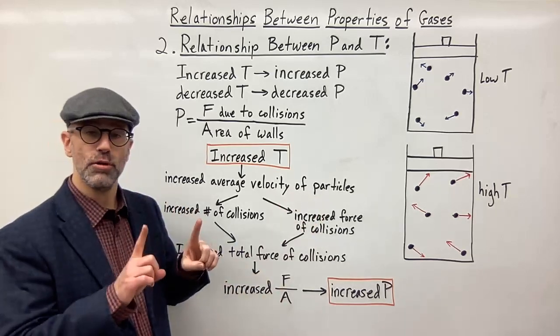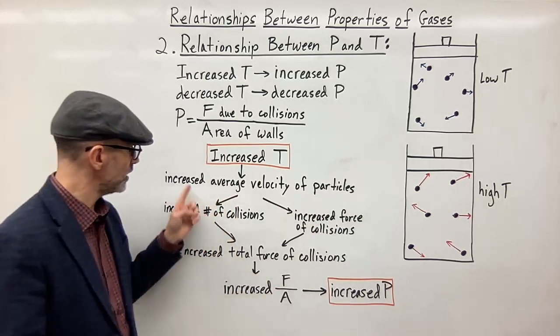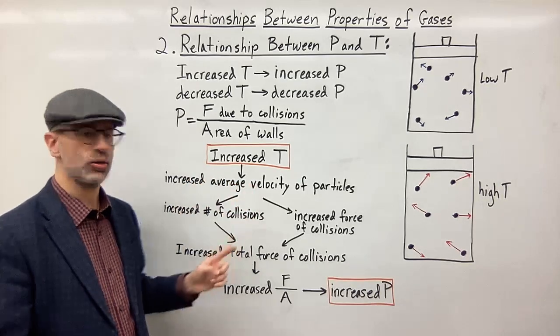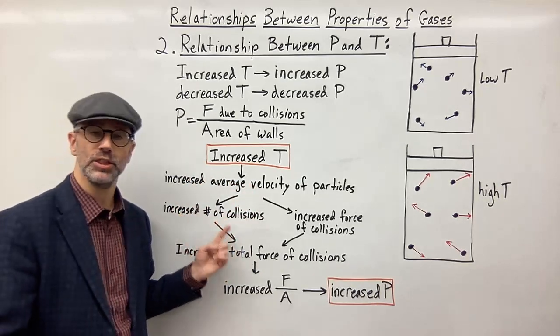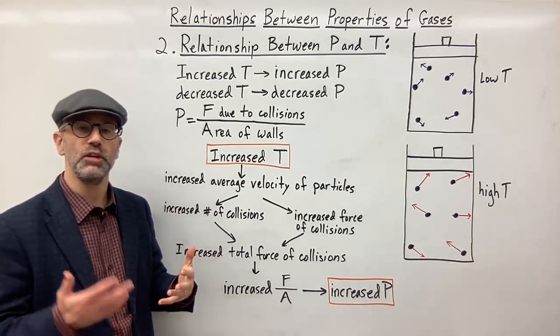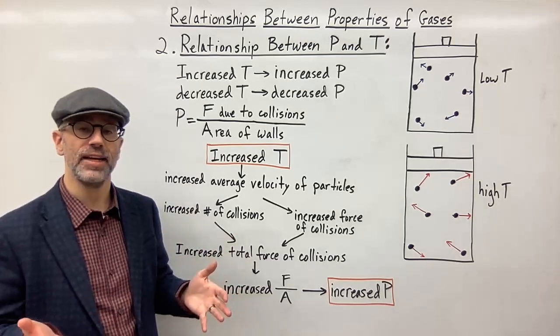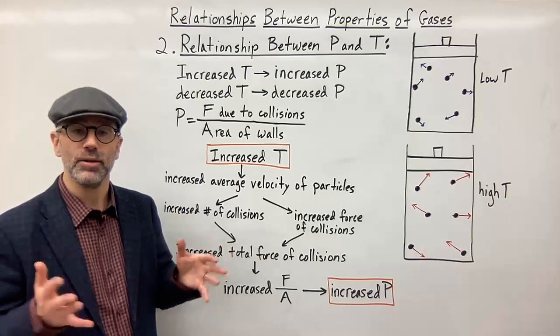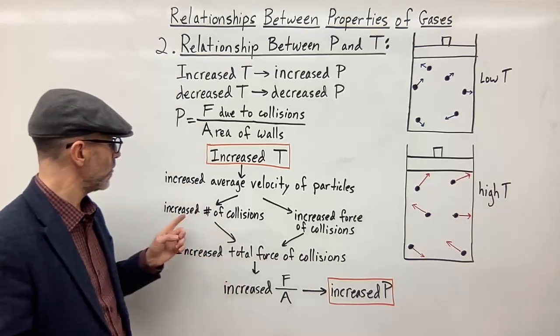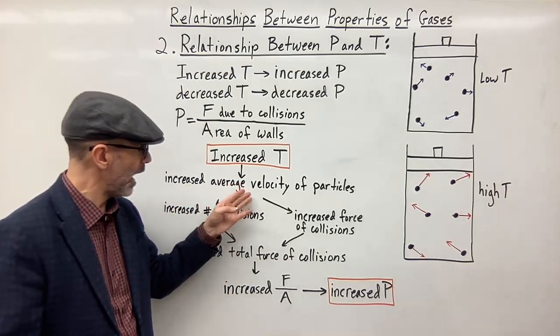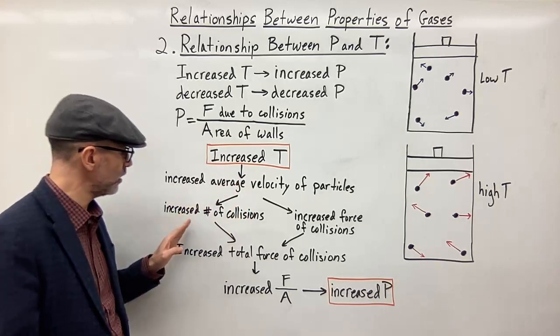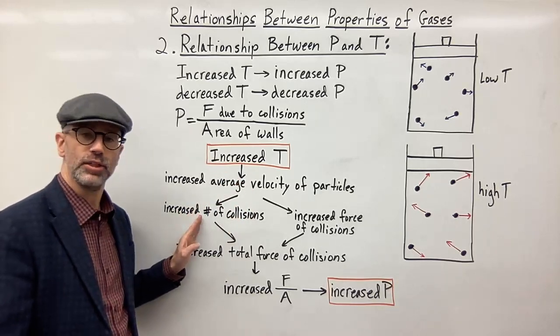So this is going to have two effects. One, this increased average velocity of particles is going to increase the number of collisions. If particles are moving faster, then you're going to have more collisions per second. So higher velocity means an increased number of collisions.